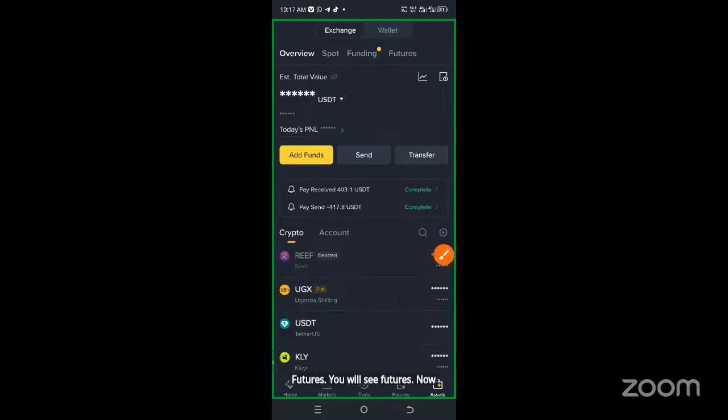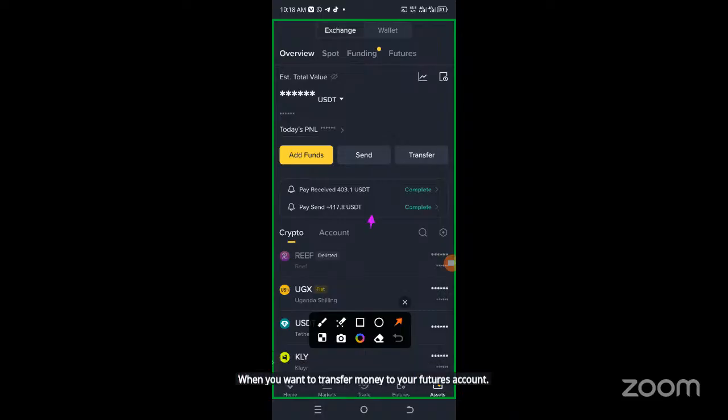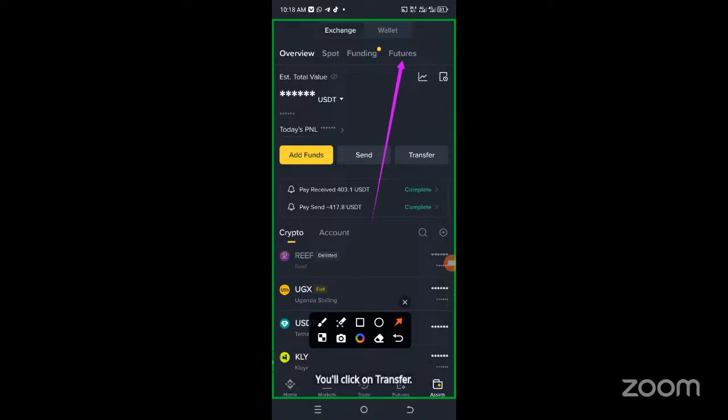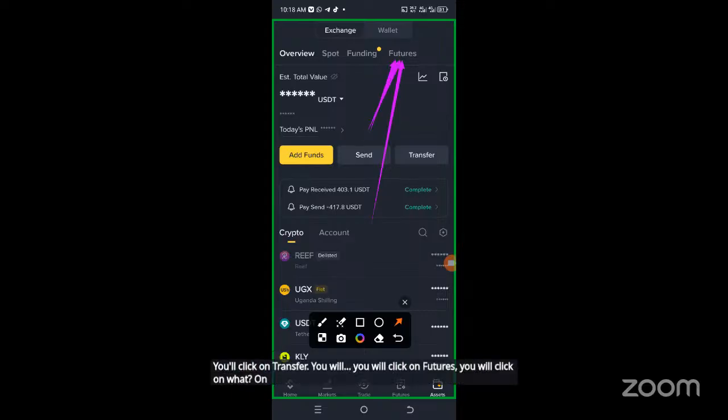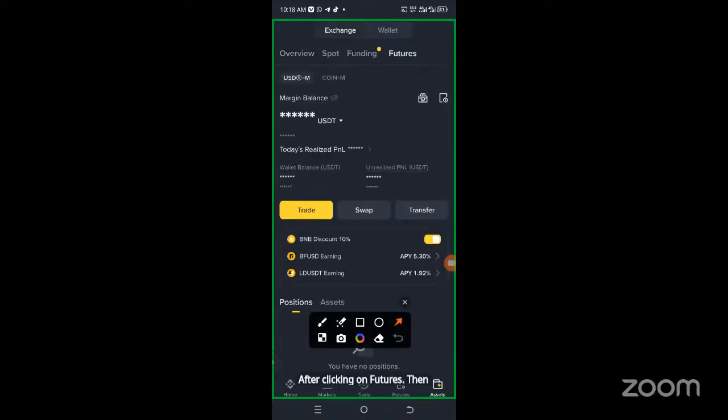Now, when you want to transfer money to your futures account, you will click on transfer. You will click on futures. After clicking on futures, how much are you going to transfer to your futures account? You are only going to transfer 20%.